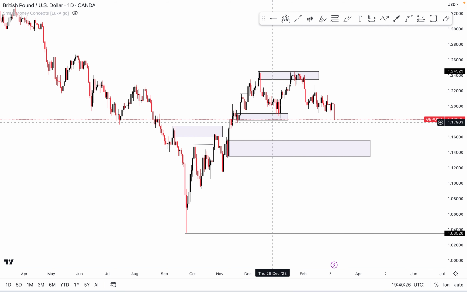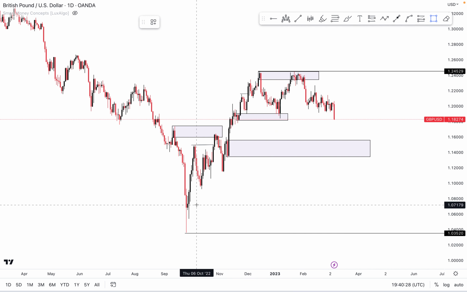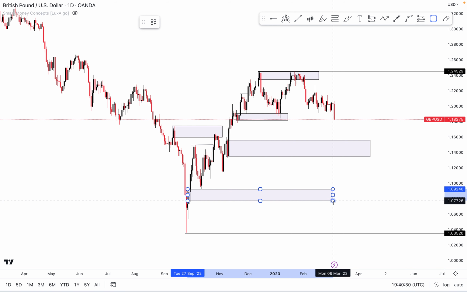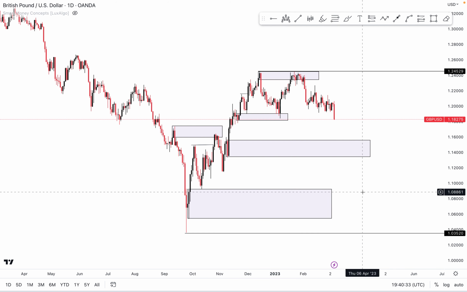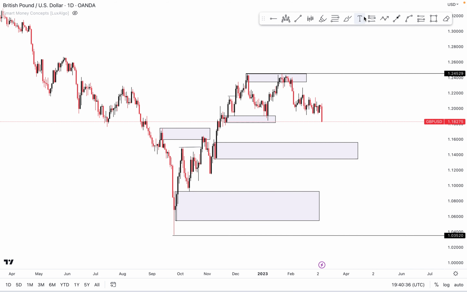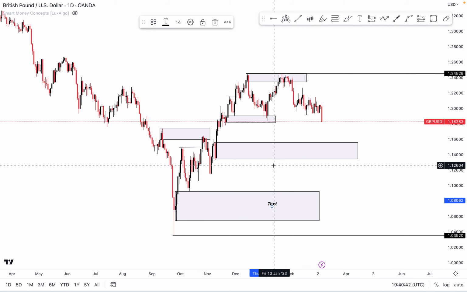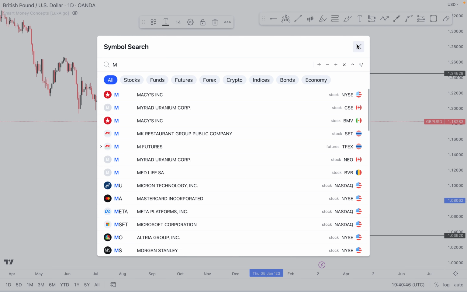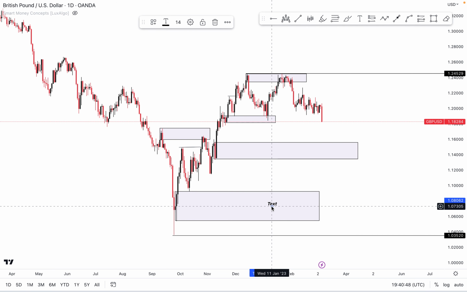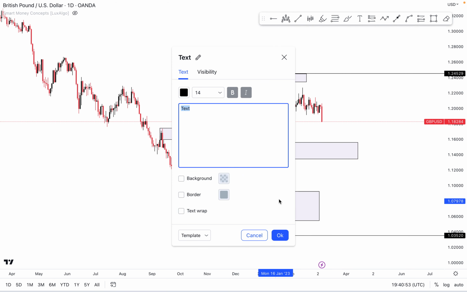So now what you are going to do is this. Whenever you're marking your zones, you need to highlight those that were mitigated. Make sure you highlight them.